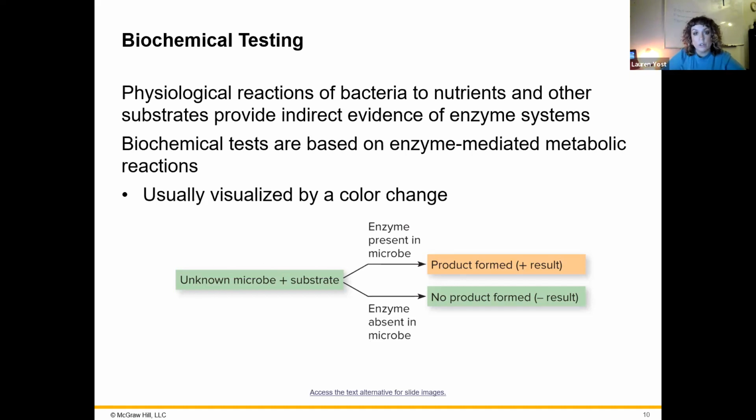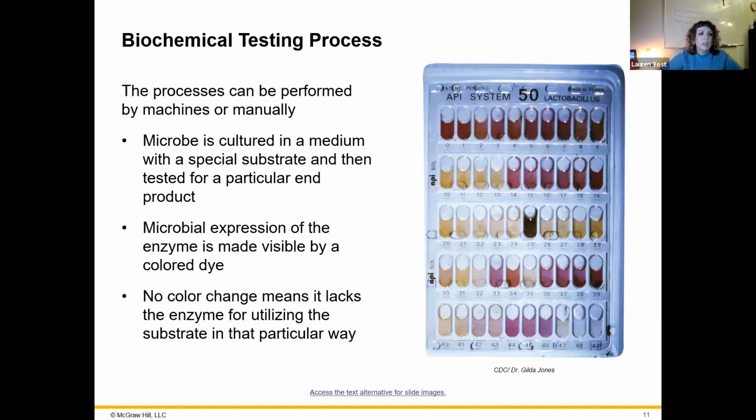And that indicates certain enzymes being present in bacteria, and not all bacteria are the same. So based on their reactions and visible color changes, we can say that they are positive or negative for being able to break down or utilize whatever molecule it is that you're testing. And that will help you define even more what organisms you could be dealing with.